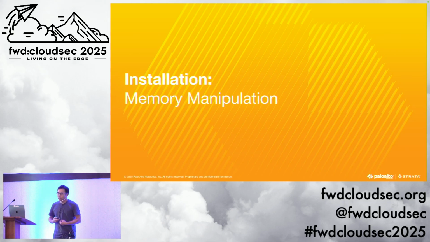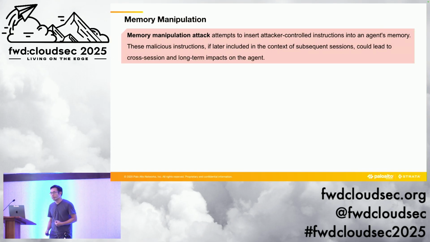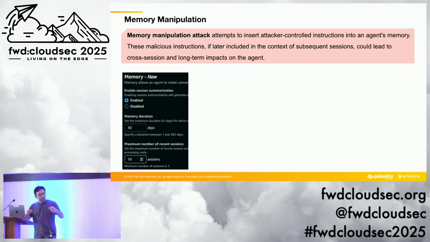So let's move on to the last stage, installation. With the successful exploits that I identified, now I want to persist them in the agent and see how I can persist them. The long-term memory provides a really great attack vector. So let me briefly explain how the memory feature works.